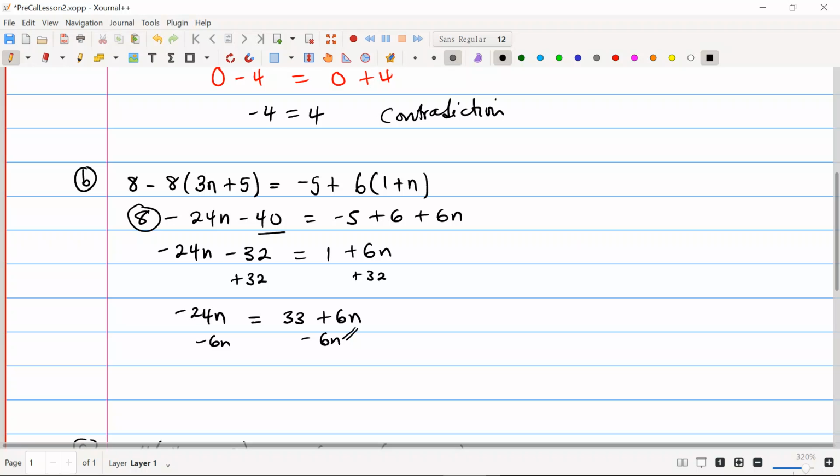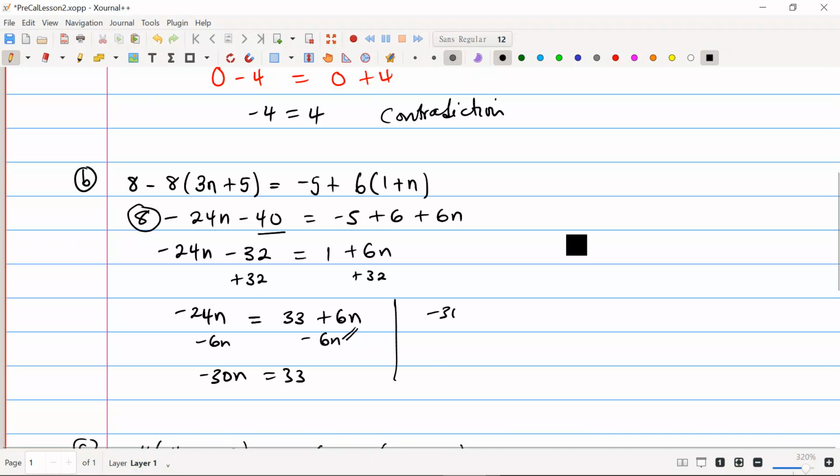Negative 24n minus 6n, right? That's going to give me negative 30n, which should be equal to 33. So what I'm going to do is divide through by negative 30.